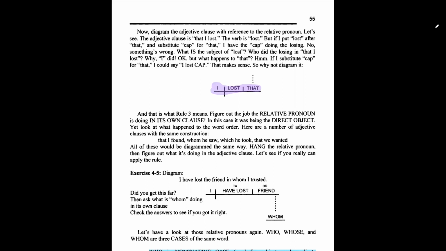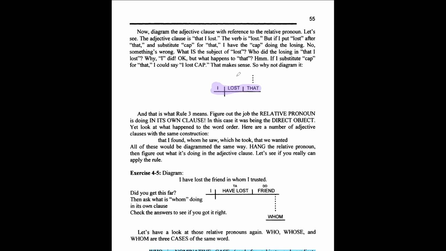So look at what she says. Now diagram the adjective clause with reference to the relative pronoun. Let's see. The adjective clause is that I lost. The verb is lost. But if I put lost after that and substitute cap for that, I have the cap doing the losing, right? The cap that lost.